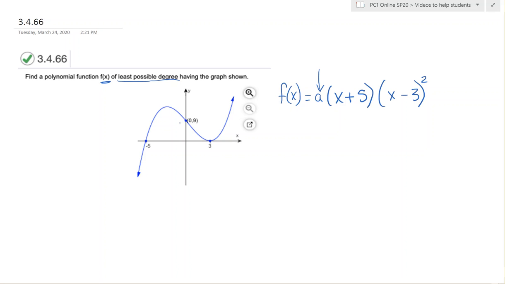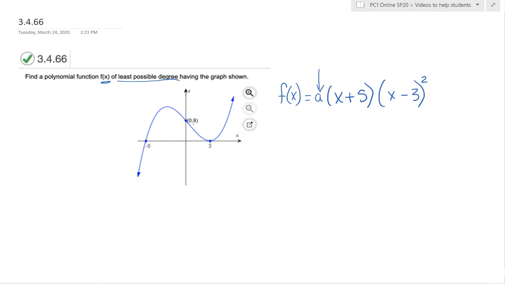That's the thing that's in charge of making your function flip, to reflect over the x-axis. It's the thing that causes your graph to grow faster or grow slower, so it would be stretching or shrinking vertically by that factor.